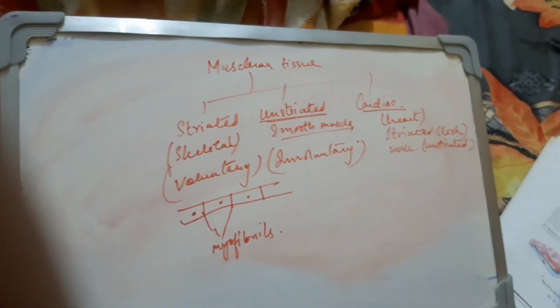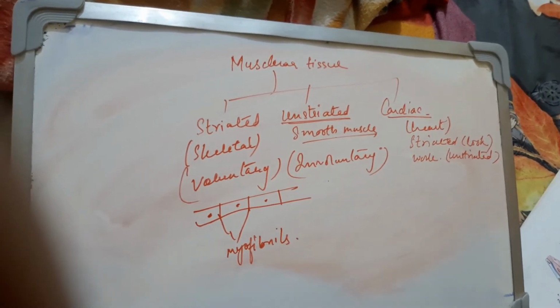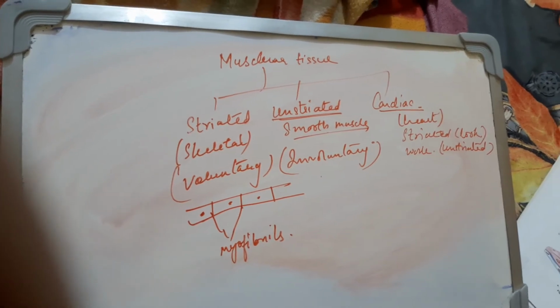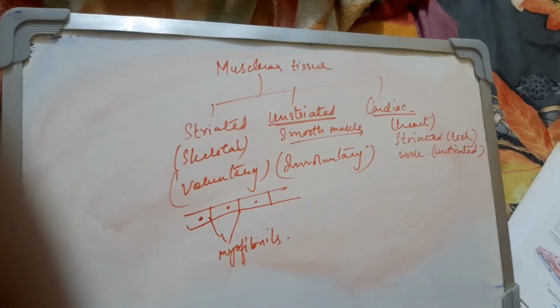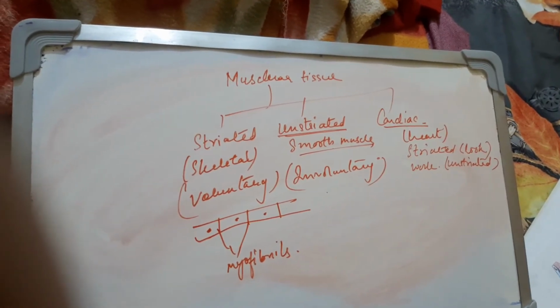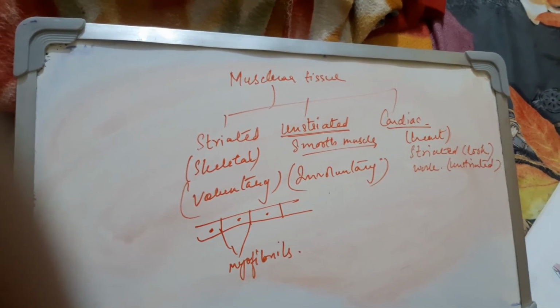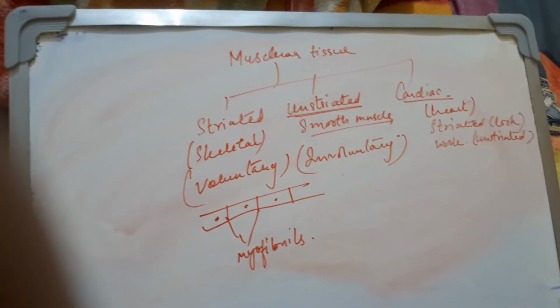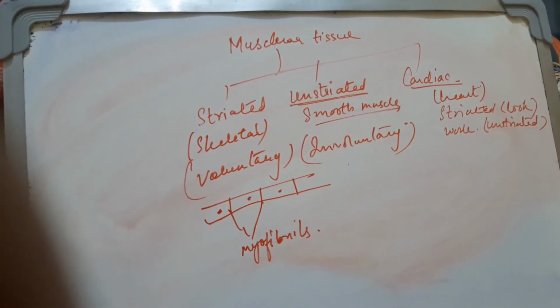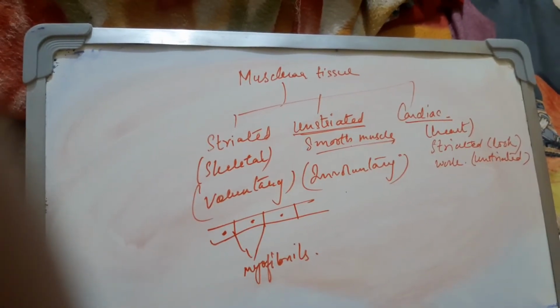Cardiac tissue is present only in the heart and in a separate group because they look like striated, voluntary muscles and work involuntarily.